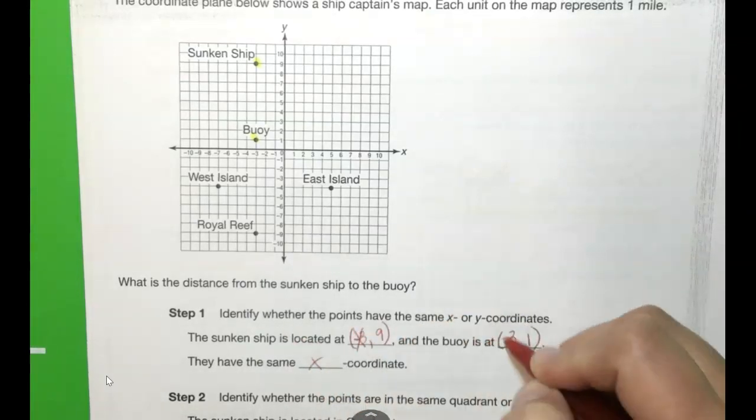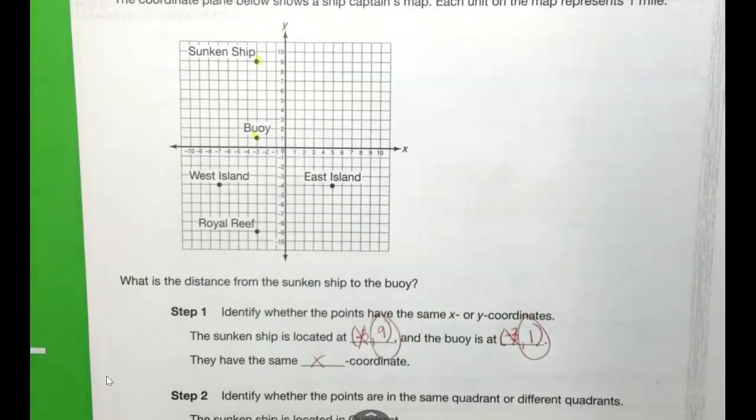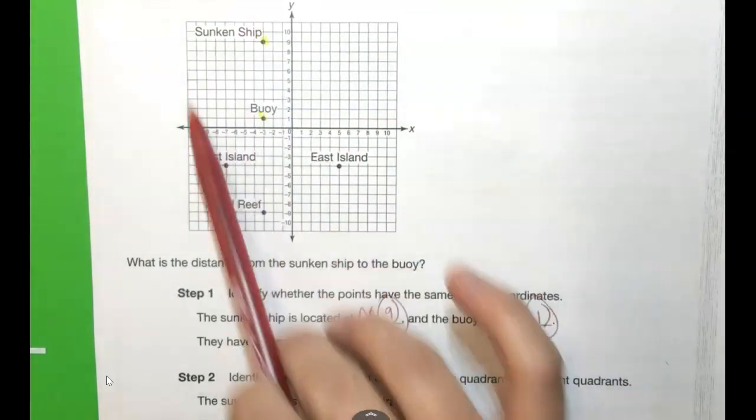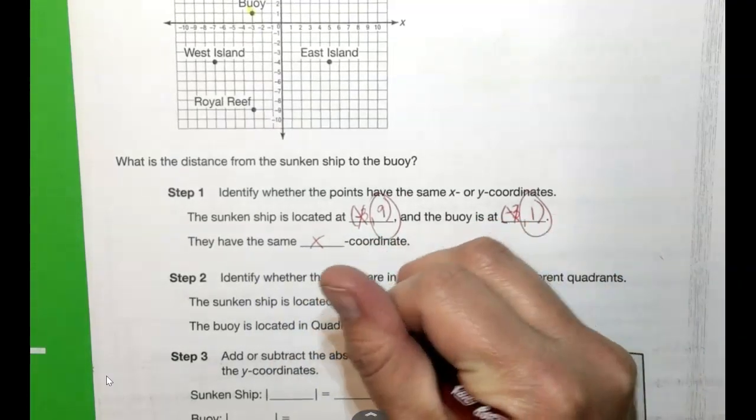We're just going to cross those off because that's the same. Then we'll be looking at their y coordinates to help find the distance. Identify whether the points are in the same quadrant or different quadrants. Looking at this, they're both in the same quadrant, so we're going to have to subtract.